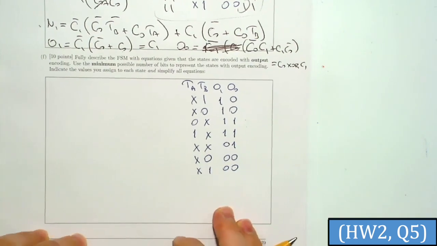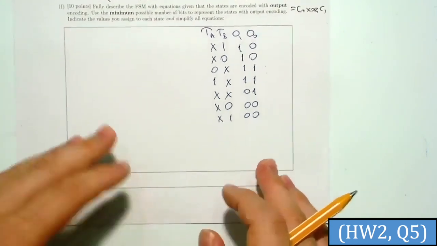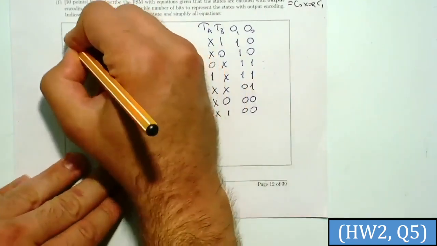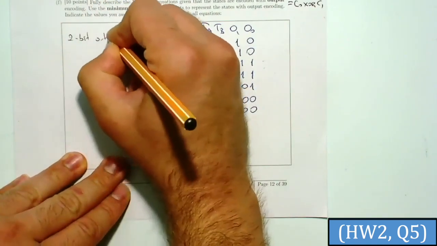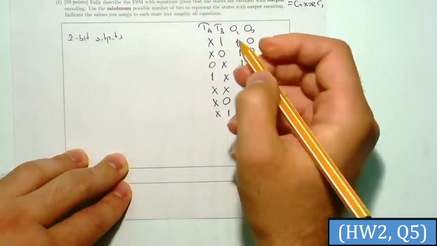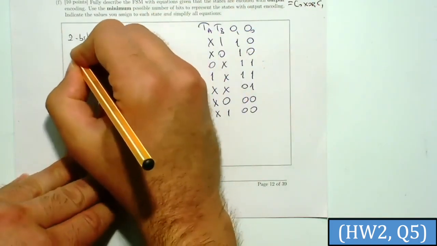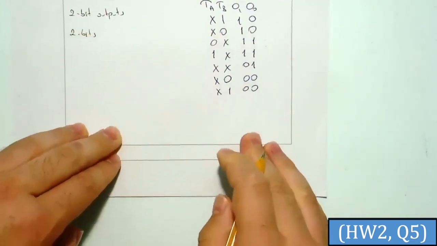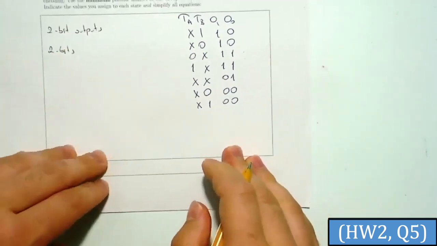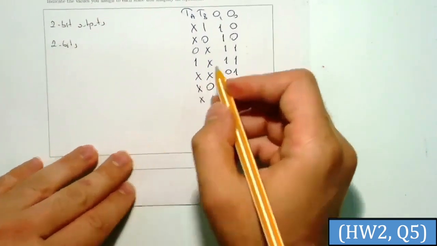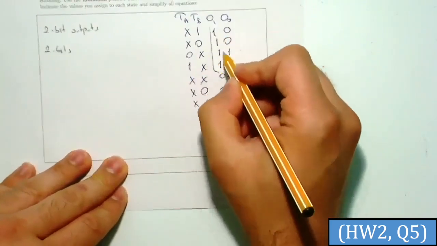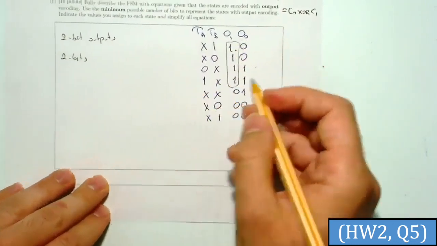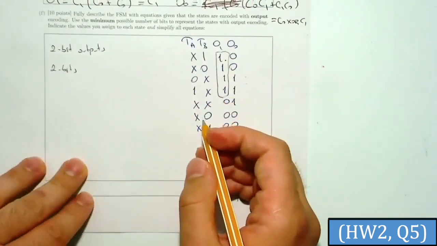I'll show you how I did it in this question. I have 2-bit outputs, and for the states I can use at least 2 bits. What I want to ensure is that when O1 is 1, then O1 is determined exactly, hopefully, by 1 bit.